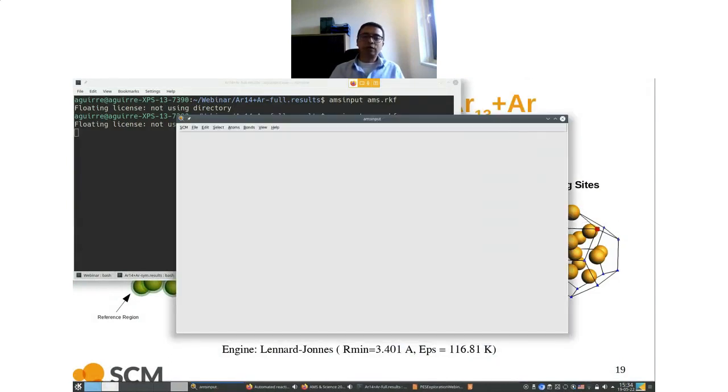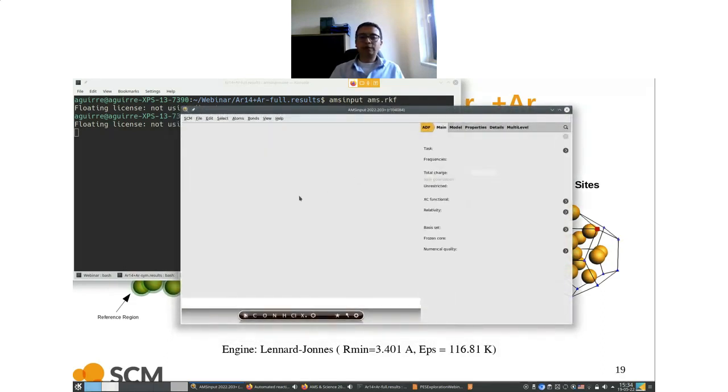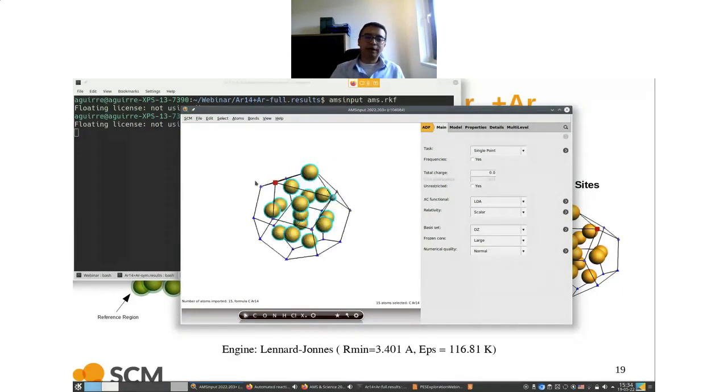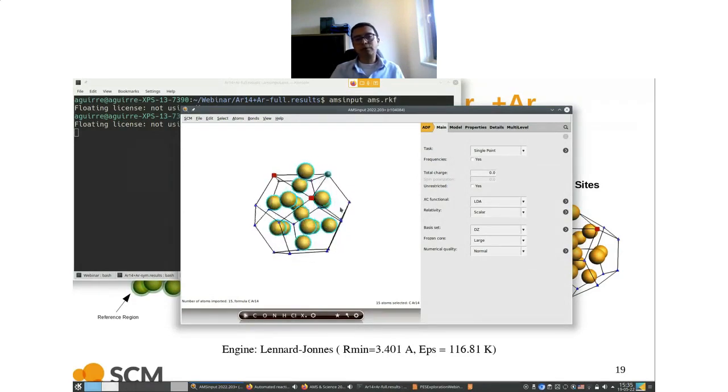So once you finish the calculation, if you enable the option to calculate the binding sites, you are going to have this option. So here you have all the binding sites and the connections. Remember that they correspond to transition states or reaction mechanisms connecting the points.